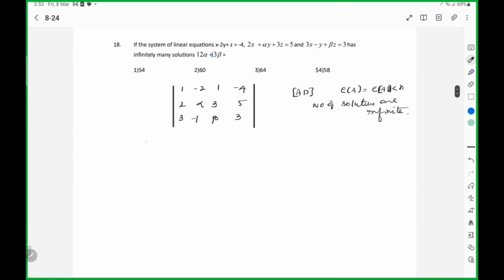So here it is, R2 is replaced by R2 minus 2 R1, R3 is replaced by R3 minus 3 R1.